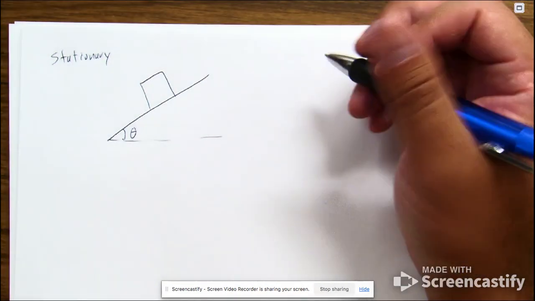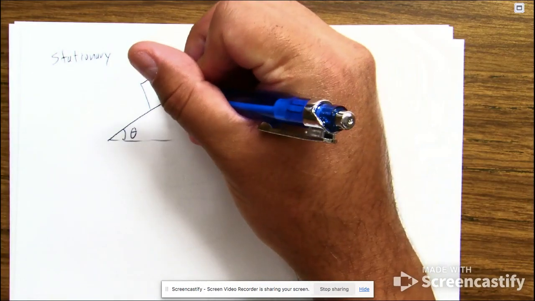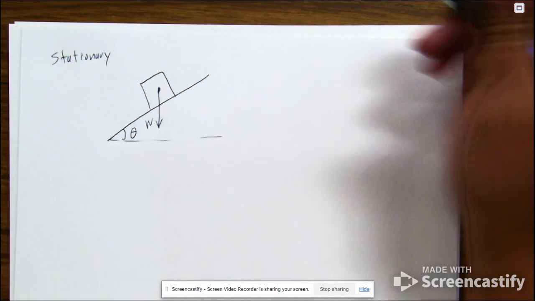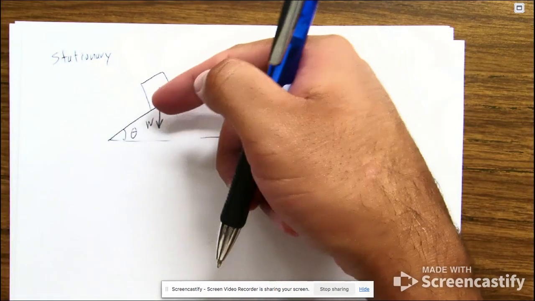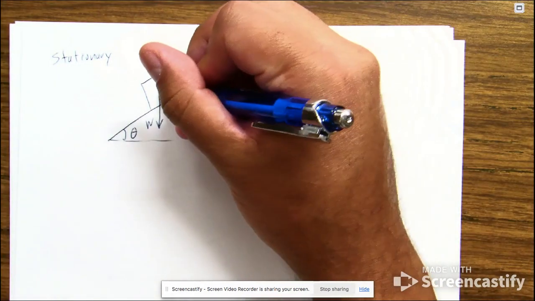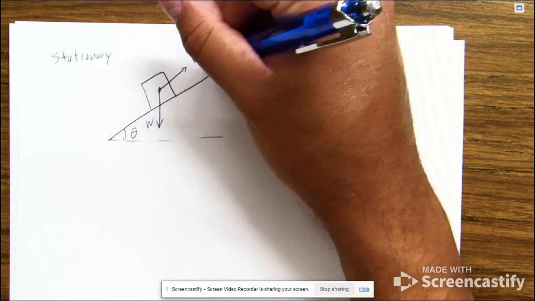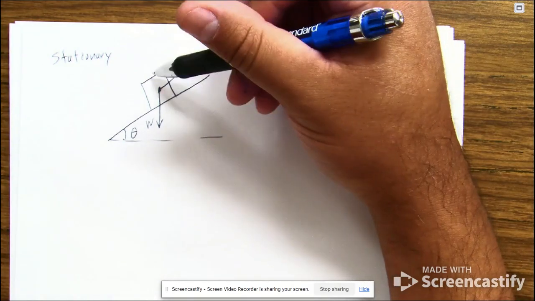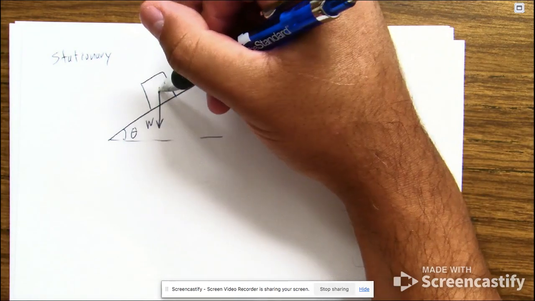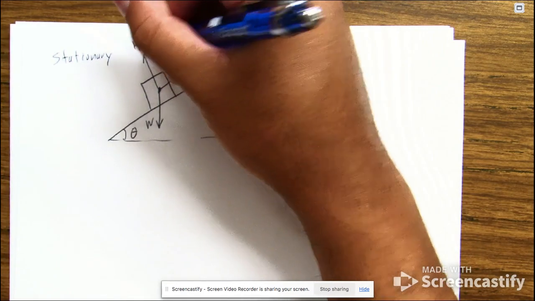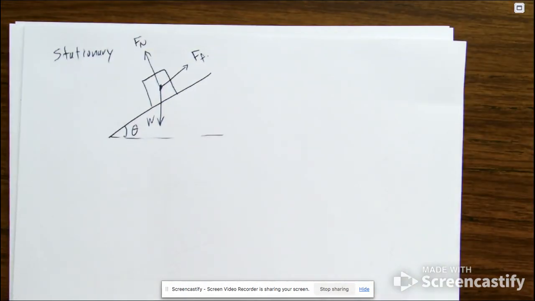This is going to be a first iteration. We're going to call this the weight. Now this thing wants to slide down this way, but it won't because friction is opposing it. We'll call that the force of friction. And this thing's not falling towards the earth because the table is pushing back on that, and that's what we call the normal force.